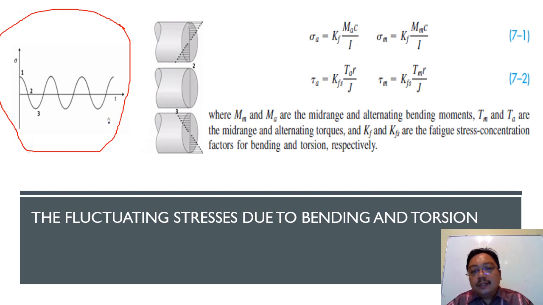So this is the stress, Mc per I. I is the moment of inertia of the shaft. M is the moment.